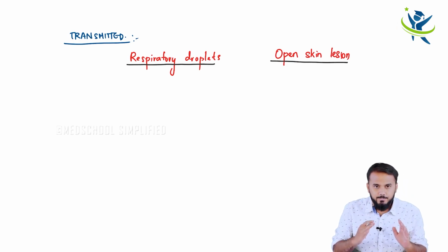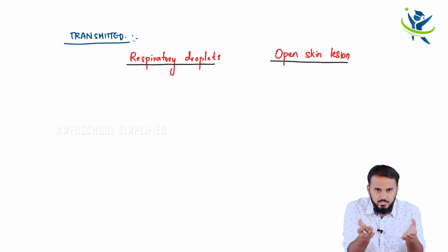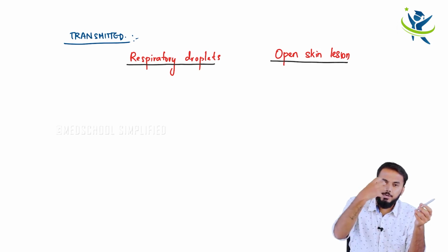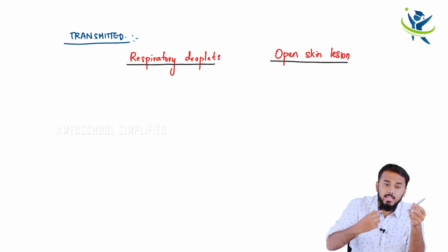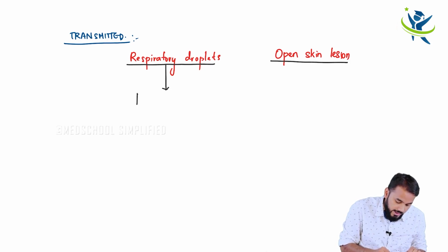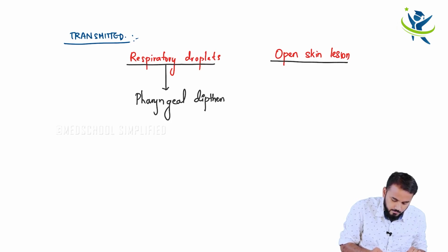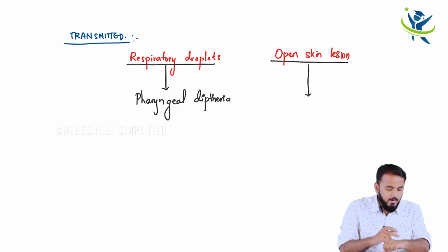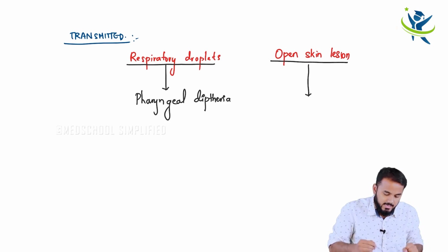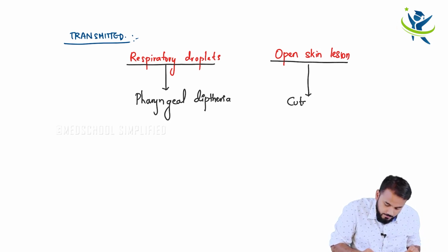If, for example, a patient with Corynebacterium diphtheriae is sitting in front of me and talks to me, the respiratory droplets enter into my respiratory tract and I am going to be affected with the type of diphtheria called pharyngeal diphtheria. Next, if I got an injury and an open skin lesion, and I get affected with diphtheria, that diphtheria is called cutaneous diphtheria.